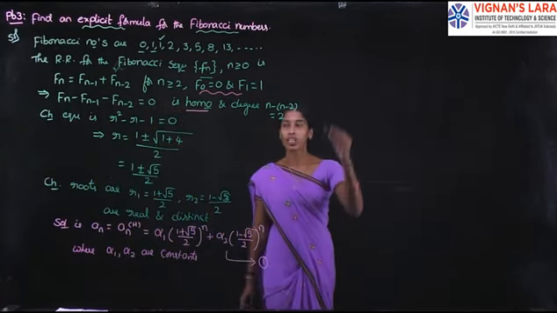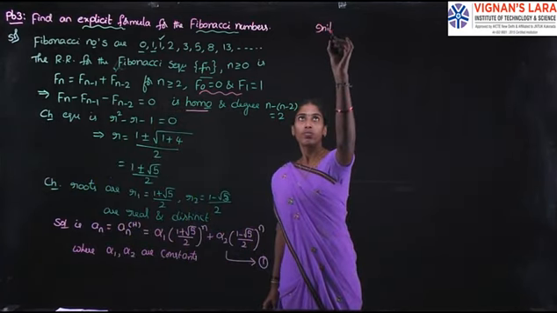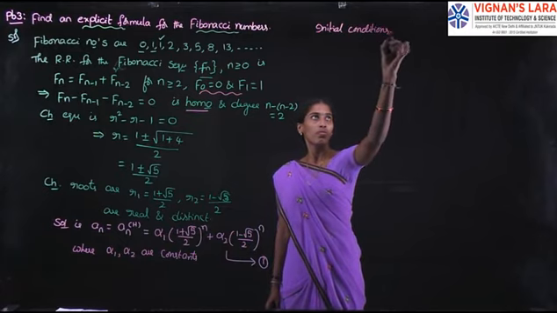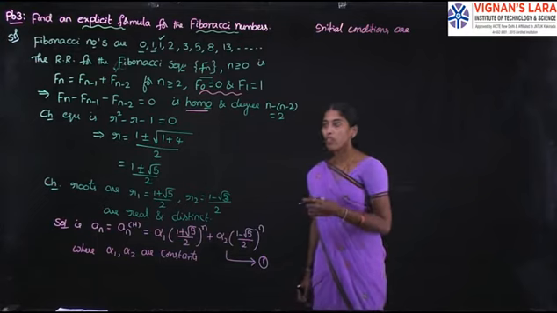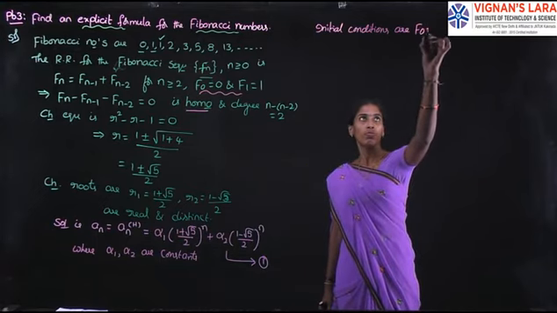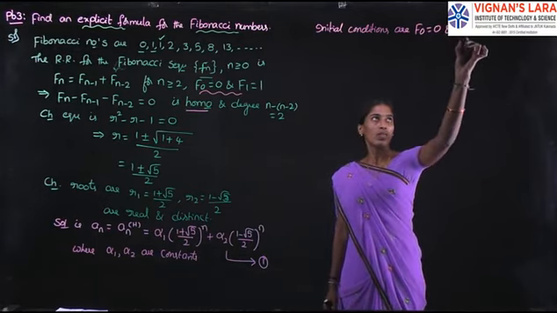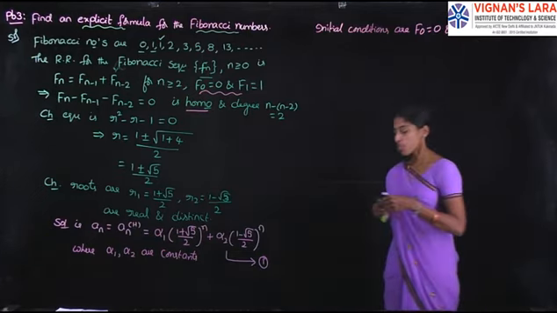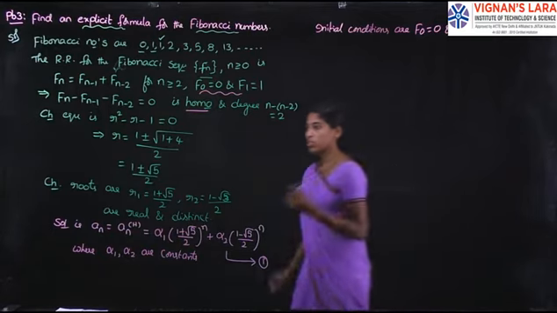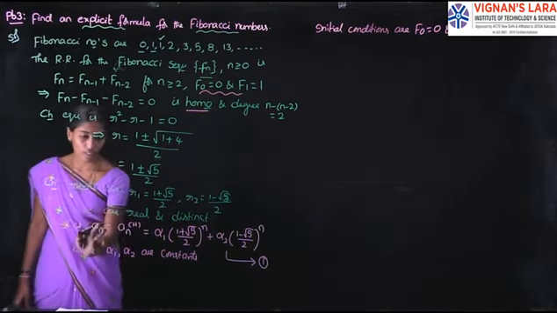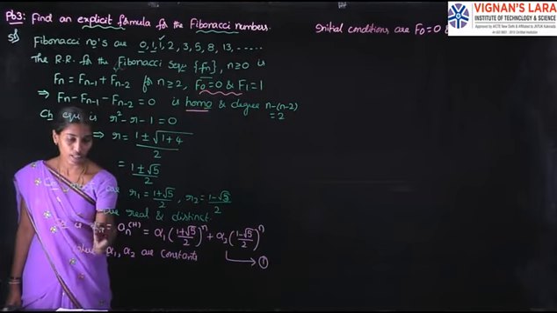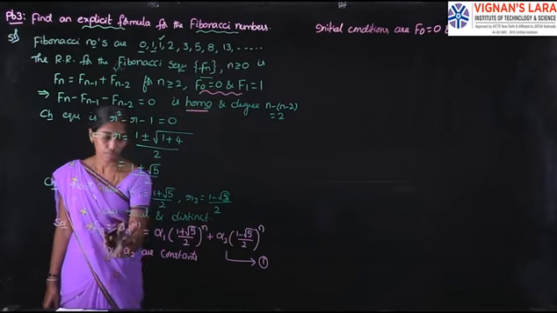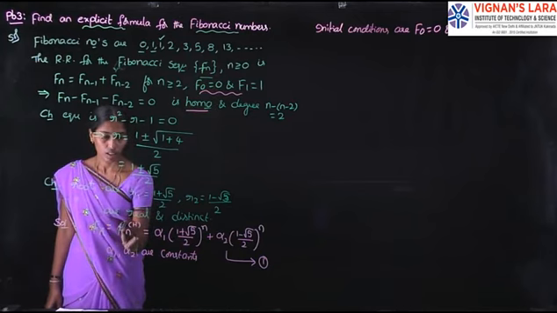So the initial conditions are f0 is equal to 0 and f1 is equal to 1. To use these two initial conditions, instead of an we have to take fn, because the terms of the sequence are represented by Fn.